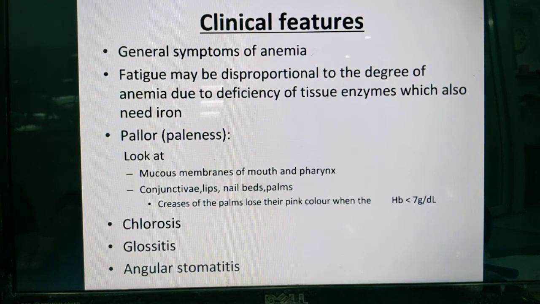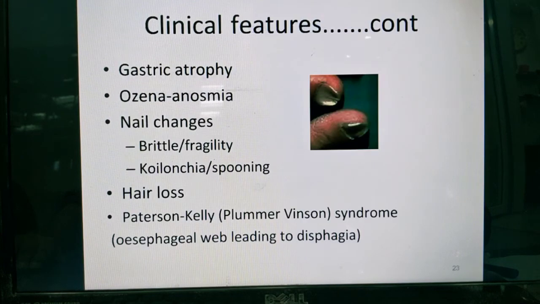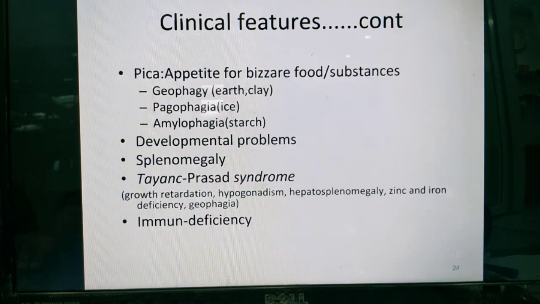Chlorosis, glossitis, angular stomatitis, gastric atrophy, ozena, anosmia, nail changes, where nails become brittle and fragility increases, koilonychia and spooning of nails, hair loss, and Plummer-Vinson or Paterson-Kelly syndrome, with an esophageal web leading to dysphagia.